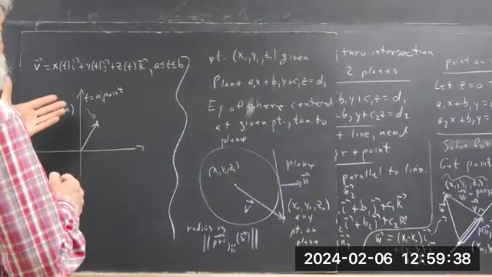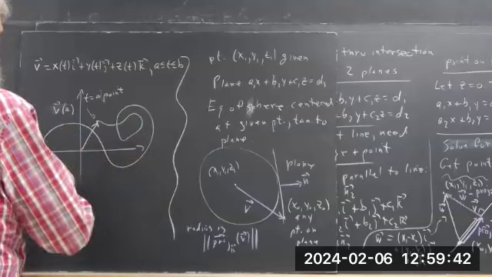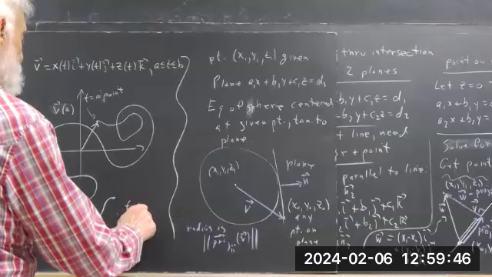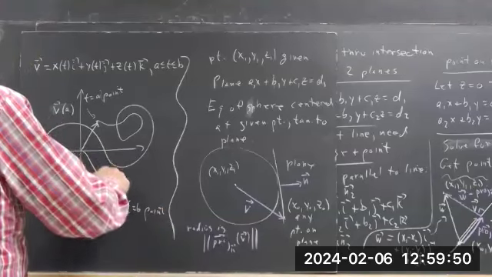Okay, so we've got the t equals a point. Now we've got some curve. We've got the t equals b point.